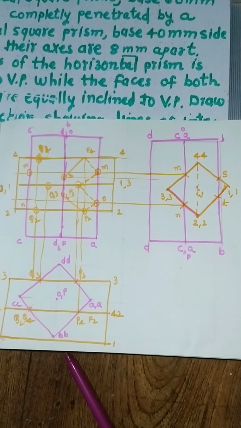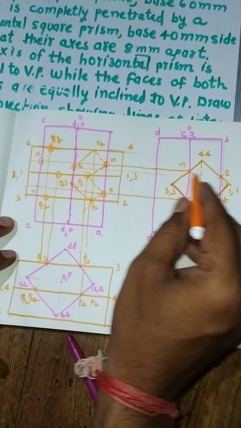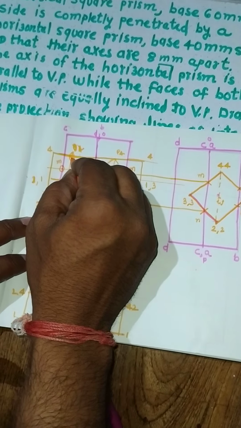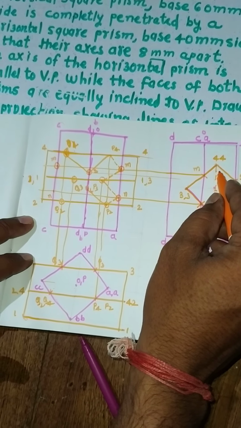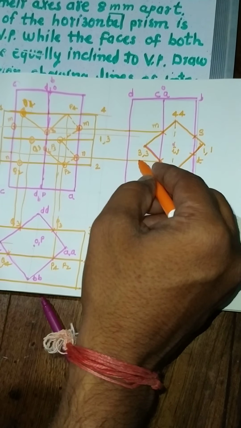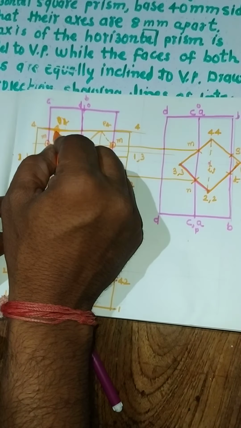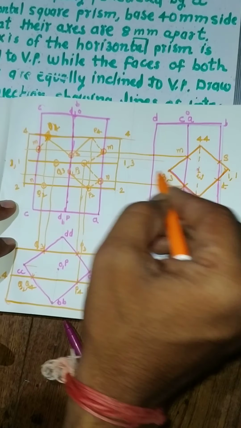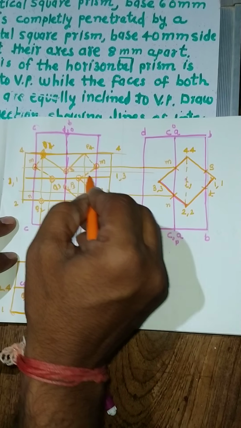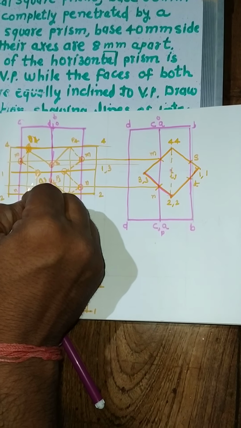In a similar way, at the exit side, we will start from S to Q4. Q4 is seen by the observer, so I will draw it darker. From 4 to M, M to 3, 3 to N, N to 2 are not seen by the observer, so we will draw them dotted.